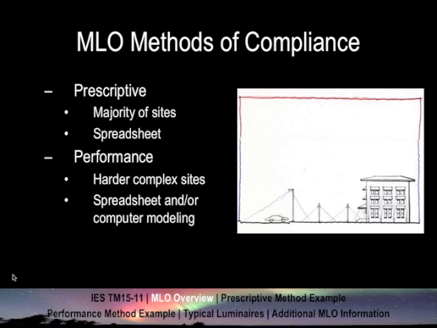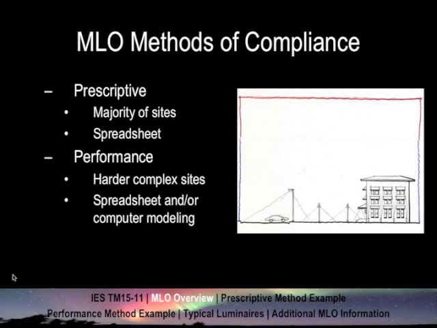This actually takes computer modeling, and you would almost need a lighting designer on the project. Performance is highly harder, for complex sites, and a lot more complicated to get through.